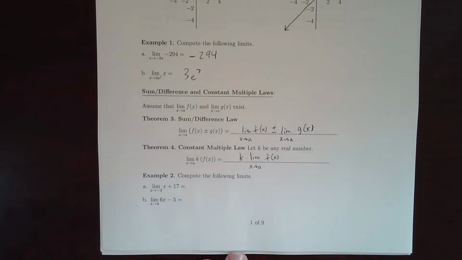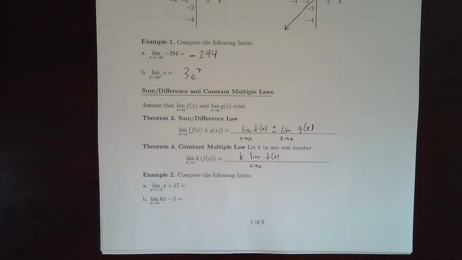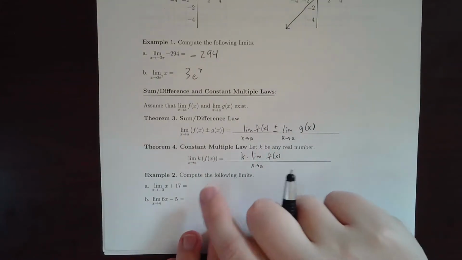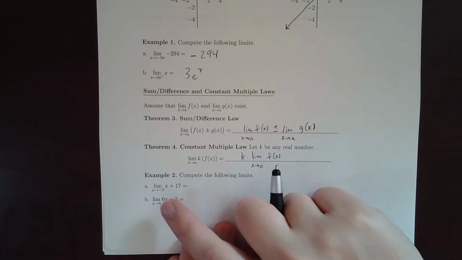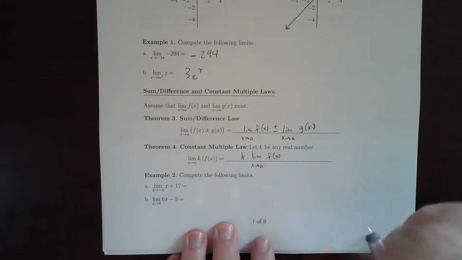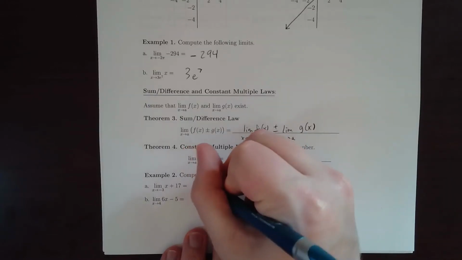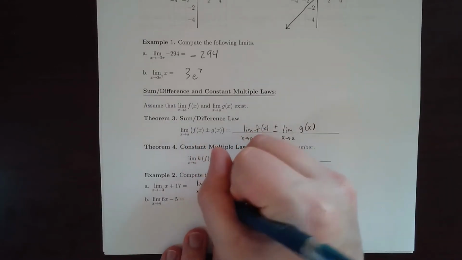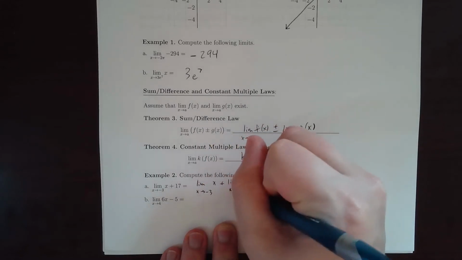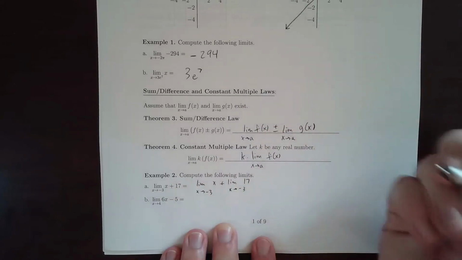So again, using these laws, using the sum law, we can break up this limit. If we wanted the limit as x approaches negative 3 of x plus 17, this is the same as the limit as x approaches negative 3 of x plus the limit as x approaches negative 3 of 17.